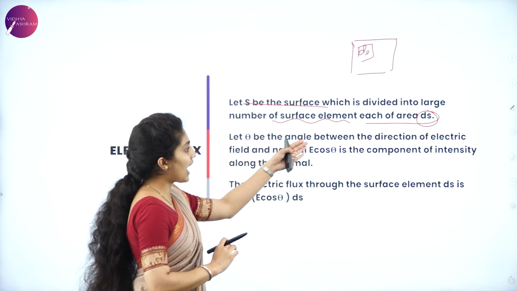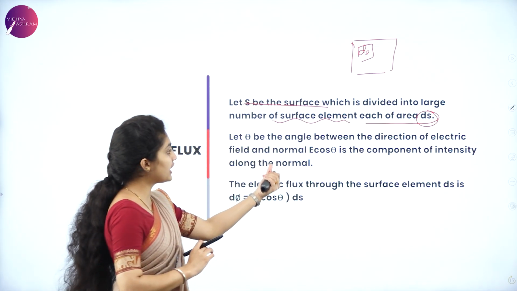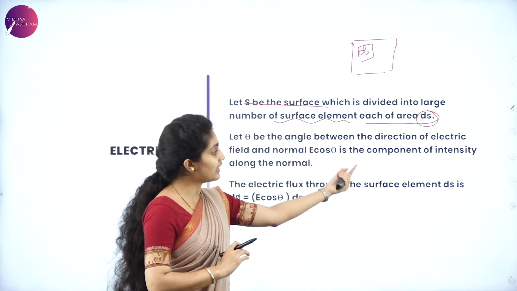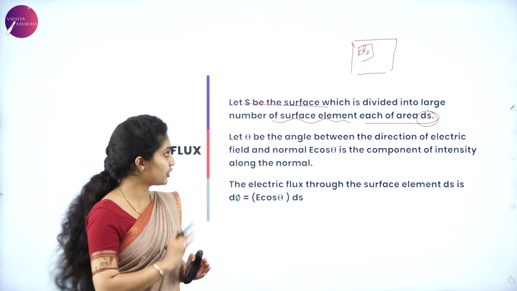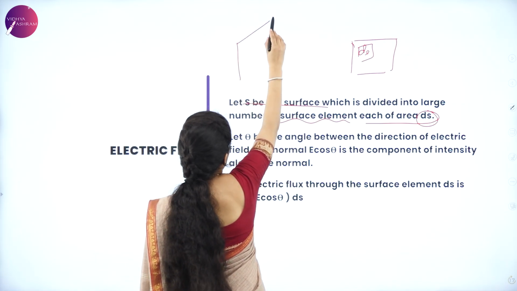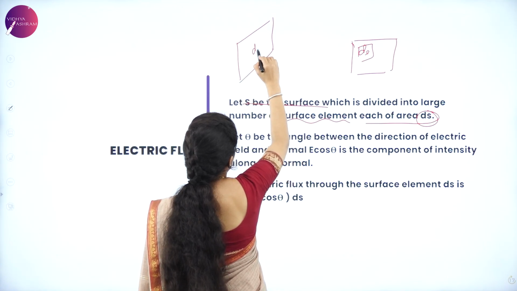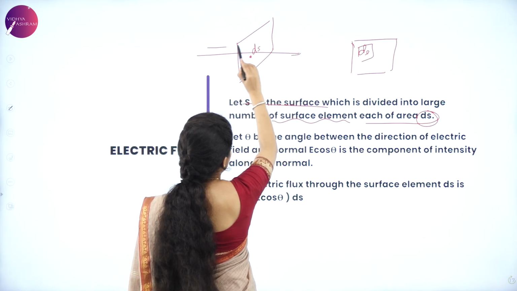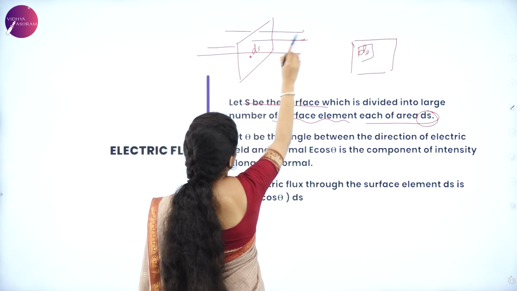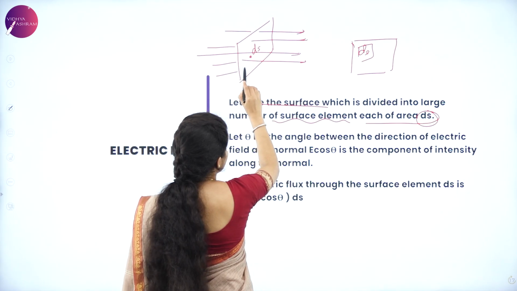Let theta be the angle between the direction of the field and the normal. E cos theta is the component of intensity along the normal. Suppose you consider a conductor with a ds element and all the electric field lines are normal to the surface of the conductor.